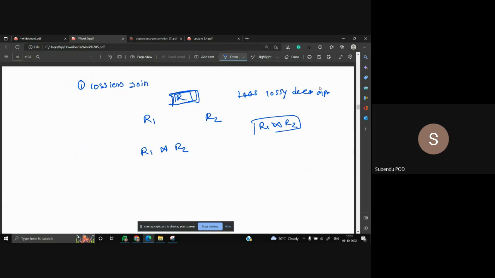Lossless and lossy decomposition are clear. Now we will see which one is lossless decomposition and which one is lossy decomposition.